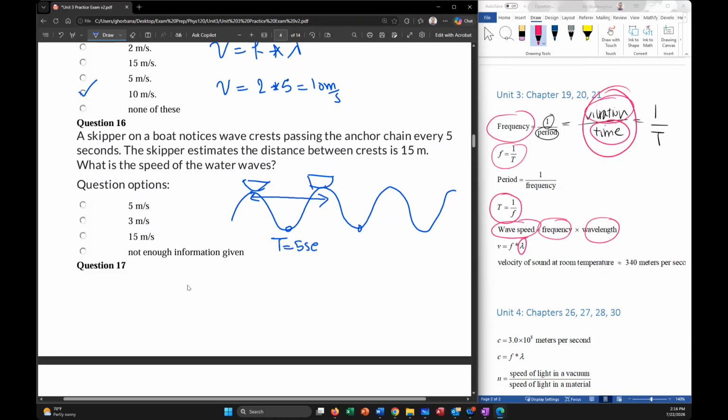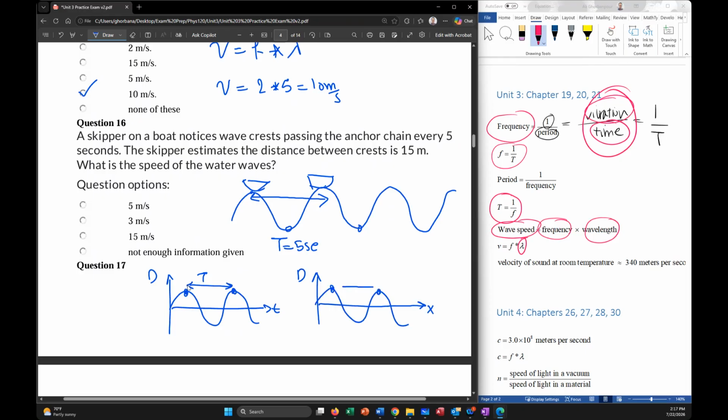If you have a wave with displacement over time, the distance from crest to crest is one period. If we have displacement over position, the distance from crest to crest, or between two consecutive points, is lambda.